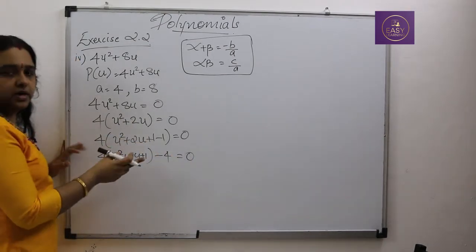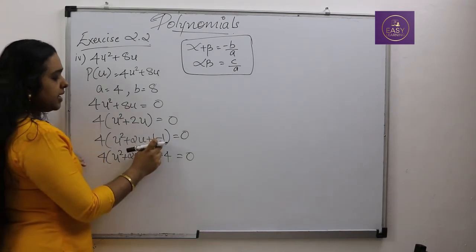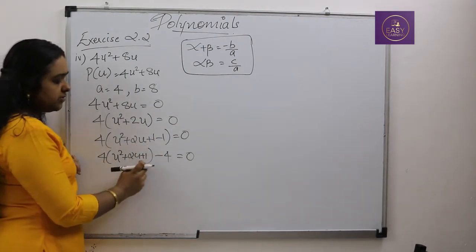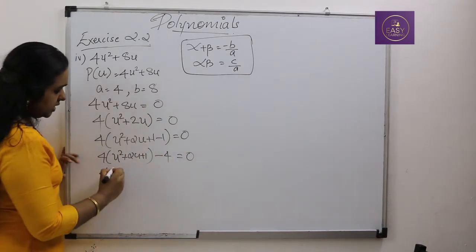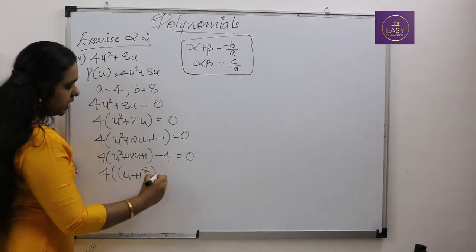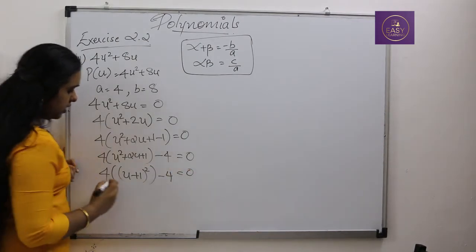I multiplied this 4 with minus 1 and it made minus 4. That is 4 into u plus 1 the whole square minus 4 equals 0.